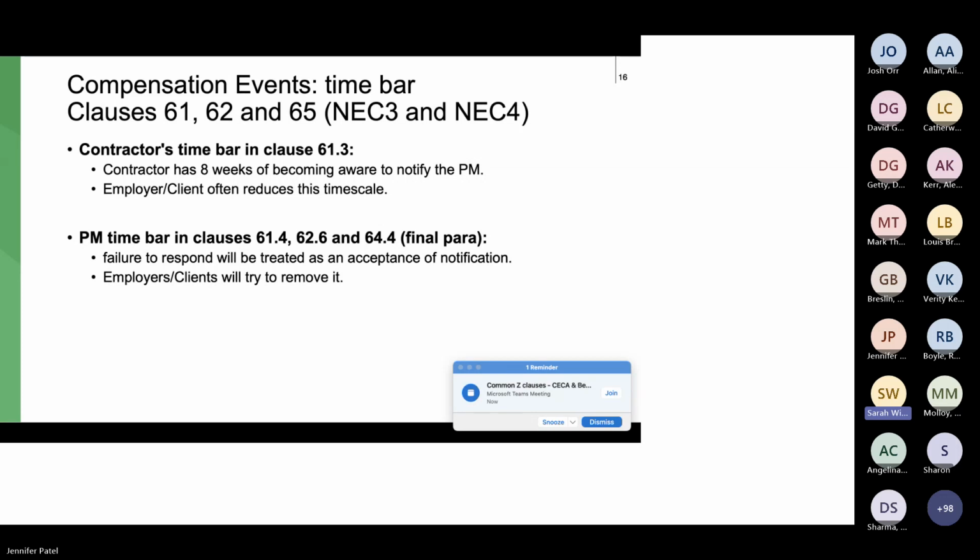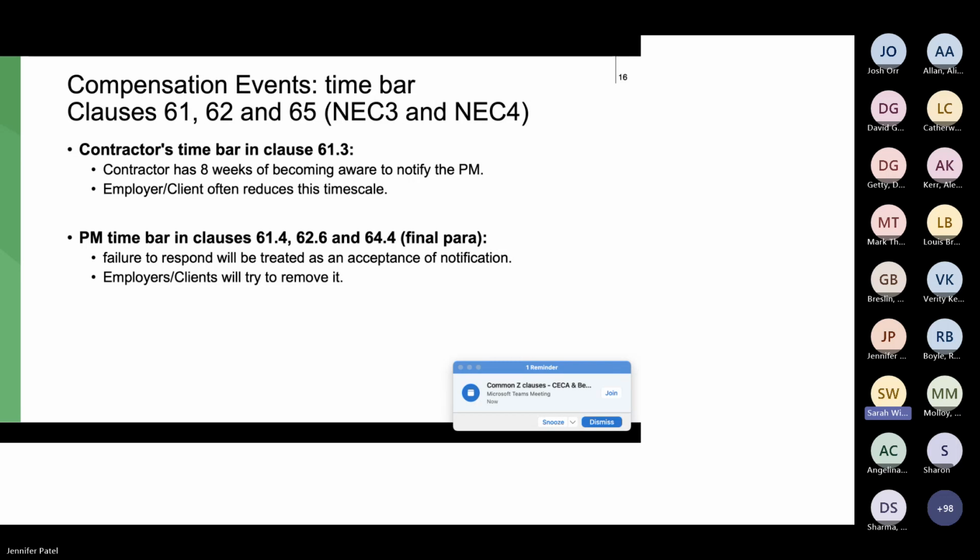But what you can do if those clauses aren't there is, bearing in mind that if the PM hasn't responded to the notification within the timescale in the contract, then if we go back to our fundamentals of contract law, the PM hasn't complied with the contract. So the PM is in breach of contract, and we have a compensation event that is breach of contract.